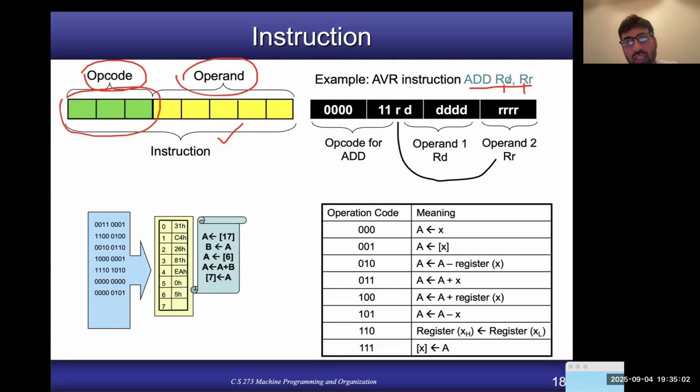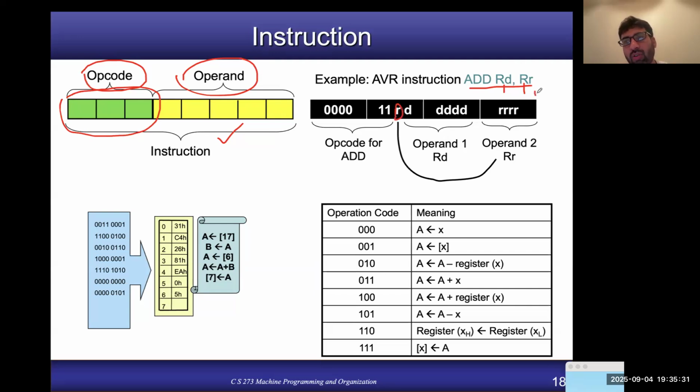So in this instruction, for example, when we say add RD and RR, we also need to have fields in the machine code, the binary form of the instruction, with some bits reserved to specify these registers. How are these bits assigned?